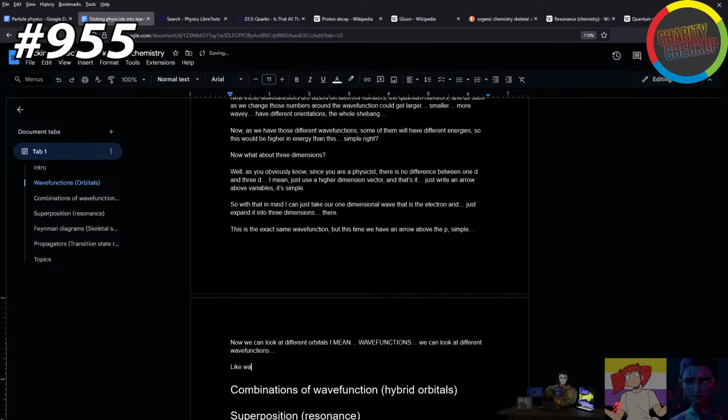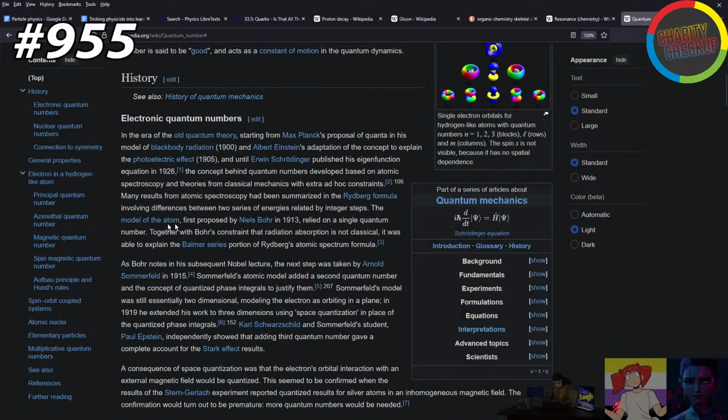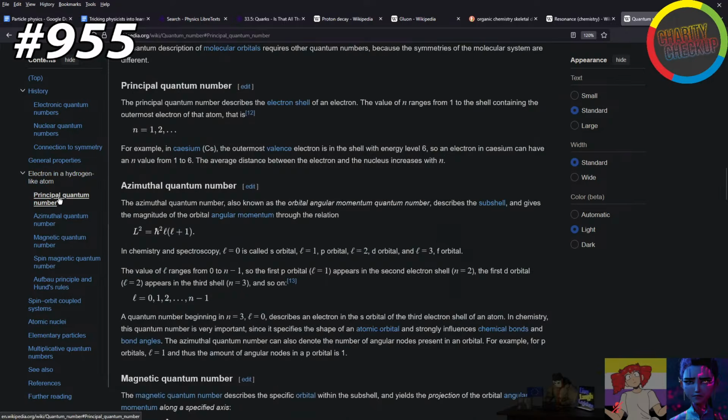Like a wave function. Wait, would the principal quantum number still be considered some quantum number in physics? Would it still be called principal quantum number? Or azimuthal quantum number? No, we would call them energy eigenvalues. Energy eigenvalues. Alright. But then I need to find out how to specifically say it then. It depends if the principal number is the energy number.